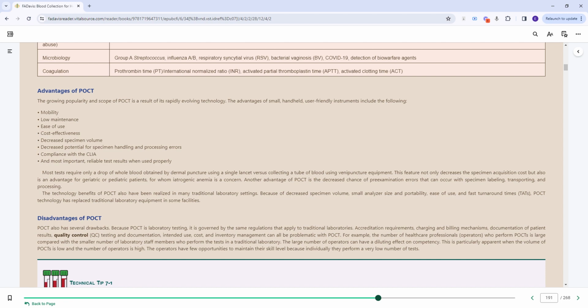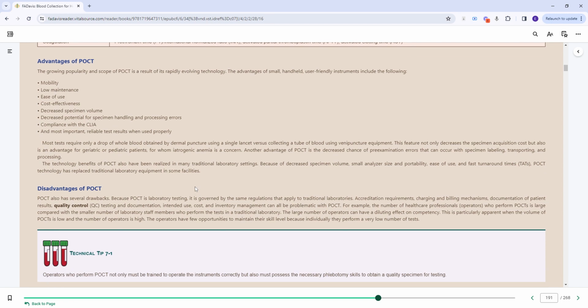Usually they're cost effective, it doesn't overload the lab, and there's a decreased potential for specimen handling or process errors. And these are in compliance with CLIA, which is what? Clinical Laboratory Improvement Act. So they are CLIA waived, meaning that they are on a list of types of tests that CLIA says do not need to be processed in a reference laboratory for analysis.